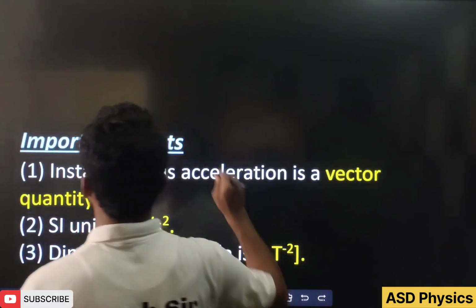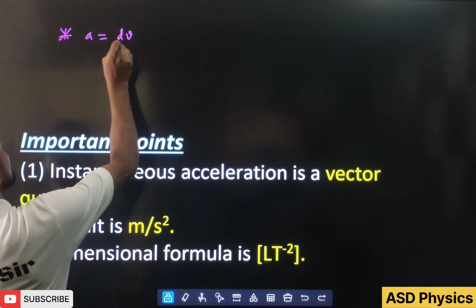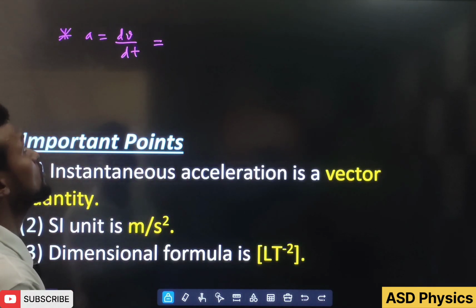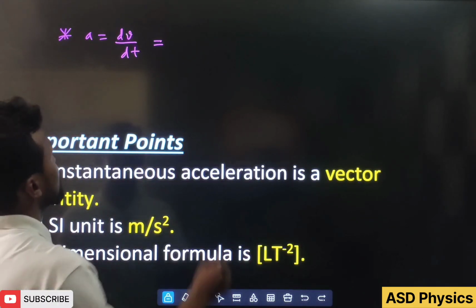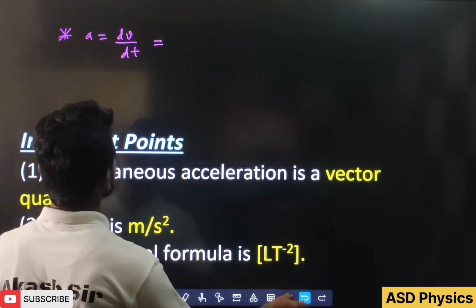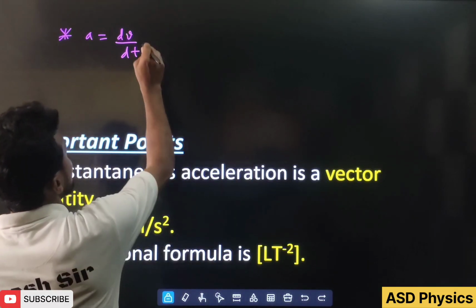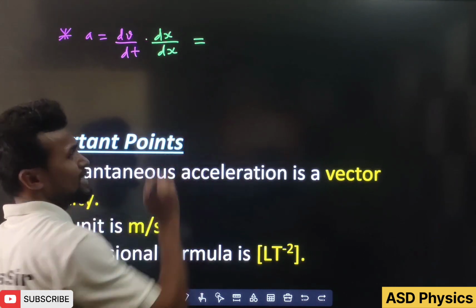Now see here, you know a equals dv by dt. Now this thing we can write in another way also. If I multiply and divide by dx, you can even write ds by ds in the general form.